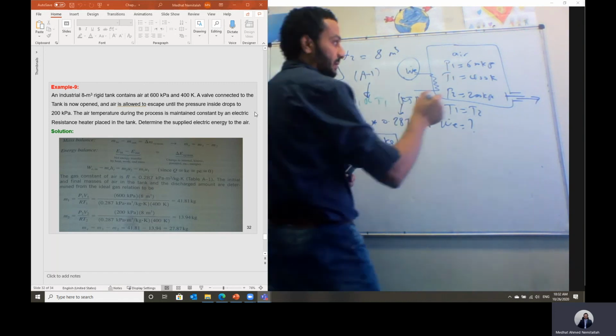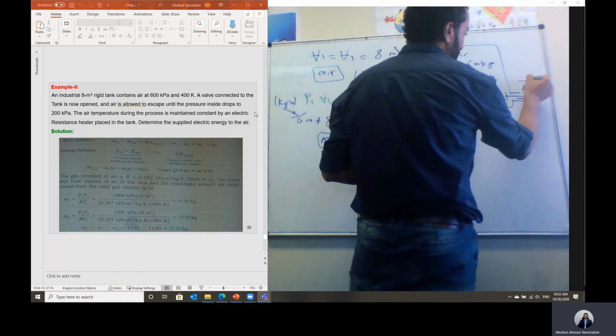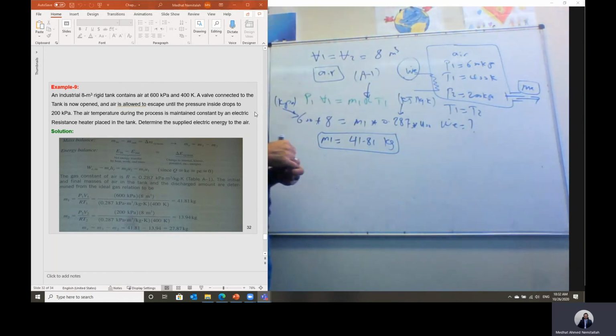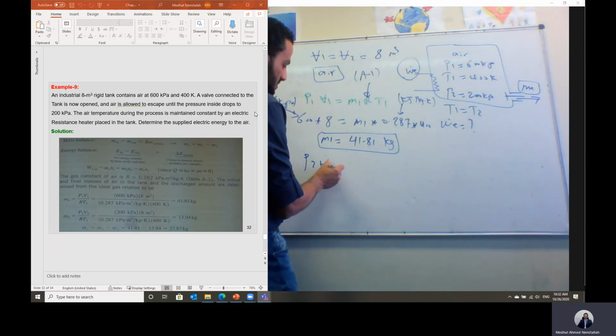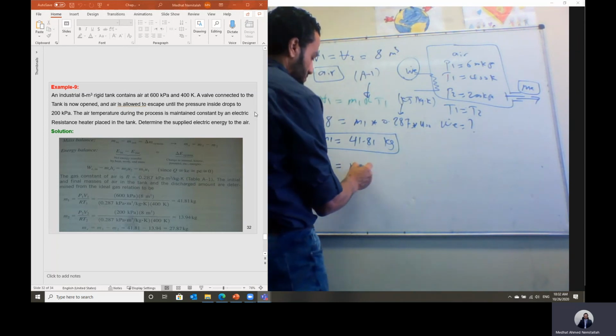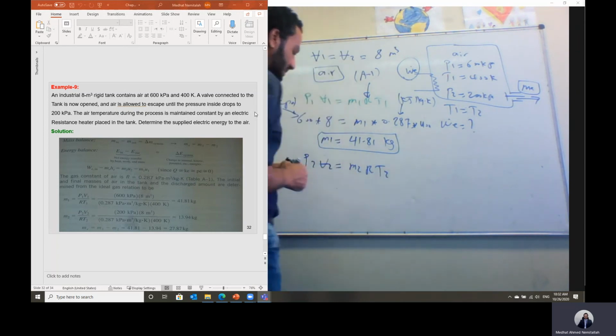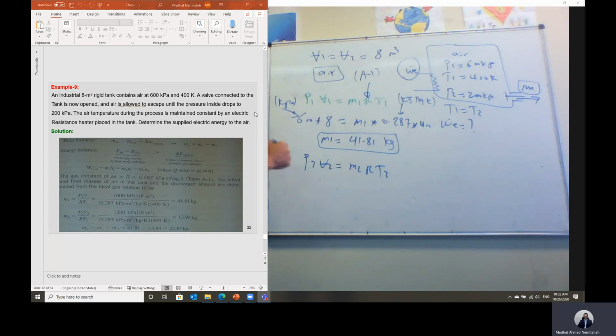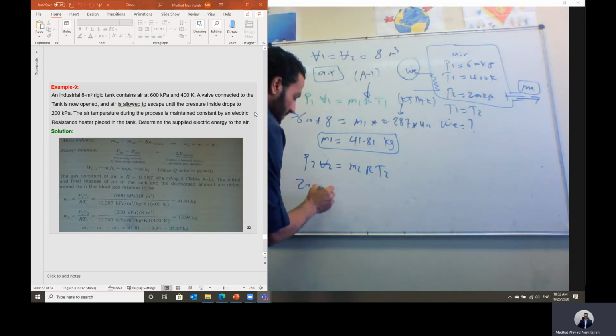Our target is to apply the mass equation to calculate the amount of mass that left this system. But we need to calculate first the initial mass, and we also have to calculate the final mass. Then we can apply the mass equation to calculate M exit. At the final state, P2 V2 will equal M2 R multiplied by T2. We have P2 as 200 kilopascal.